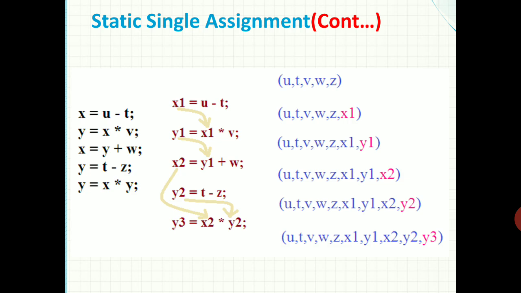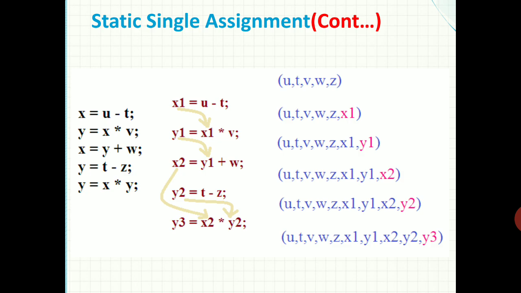Then come to the next statement, y2 equal to y1 plus w, where y1 is the result of the previous case. Then x2 is also added into the list, so it will become u, t, v, w, z, x1, y1 and x2. Then the next statement is y3 equal to some statement.